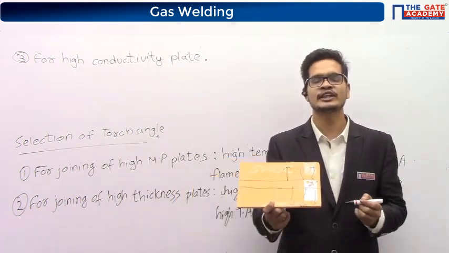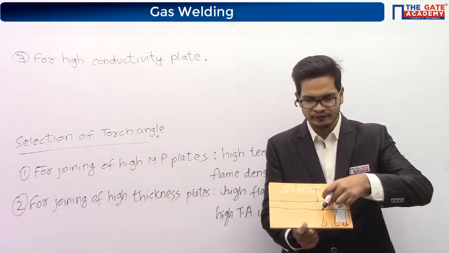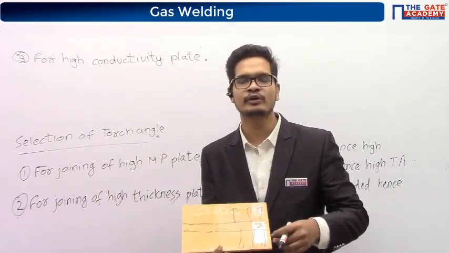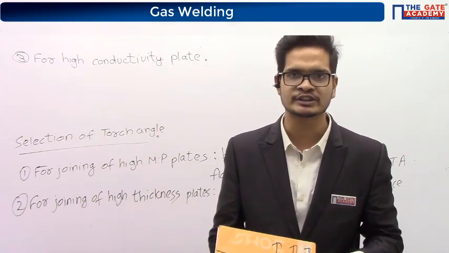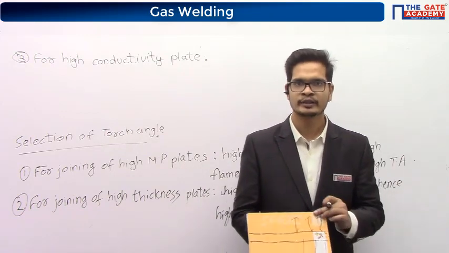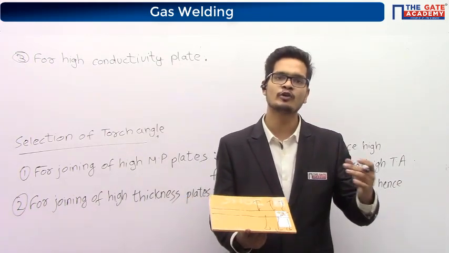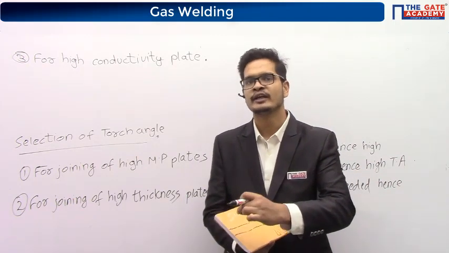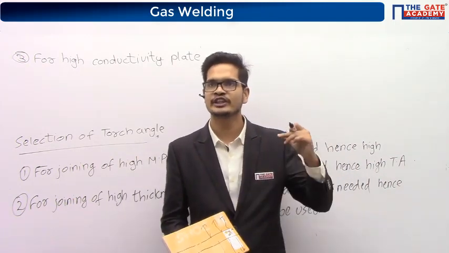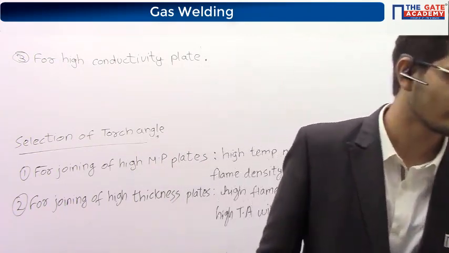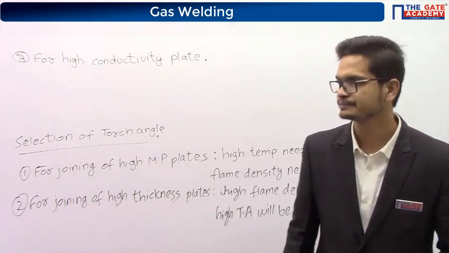When the heat is easily dissipated, very little heat will be available here, and this heat will not be sufficient for the welding and melting to take place. Hence, in each area we will have to supply a large amount of heat. To supply a large amount of heat, we keep the flame density high, and therefore we keep the torch angle high.